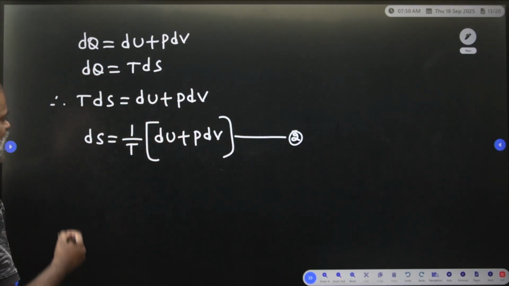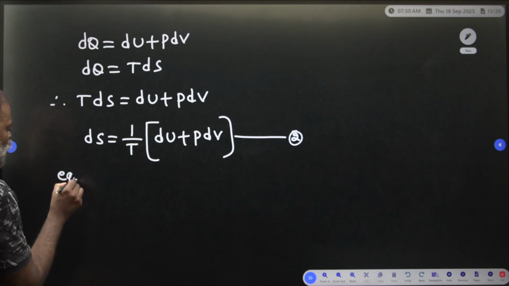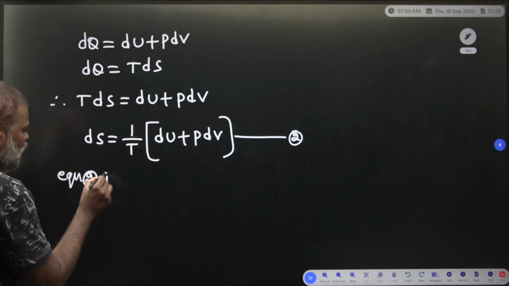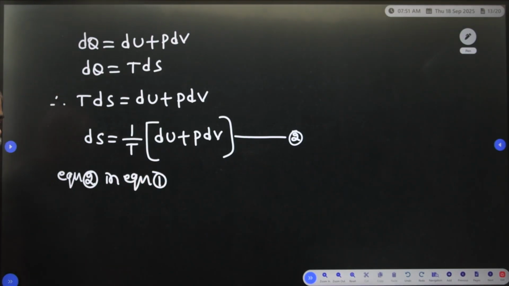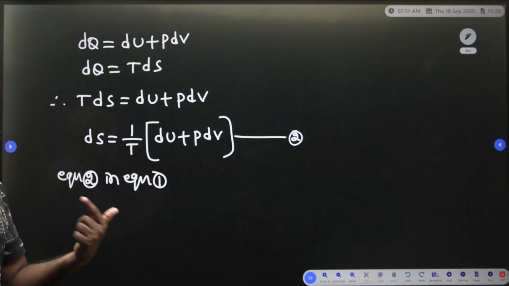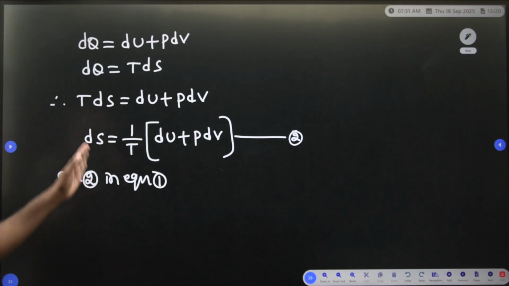Now equation number 2 you have to substitute in equation number 1, which is the second Maxwell thermodynamic relation.